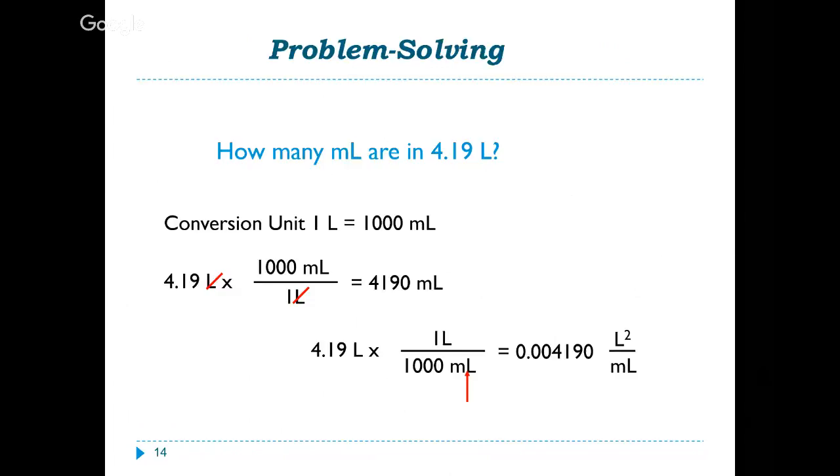That would give me a liter squared in the end. My milliliters are on the bottom, so that nothing is going to cancel out. I end up with some weird unit of liters squared over milliliters, which makes no sense whatsoever. So this is just making sure that your units that you start with, whatever it is, has to go next door downstairs.